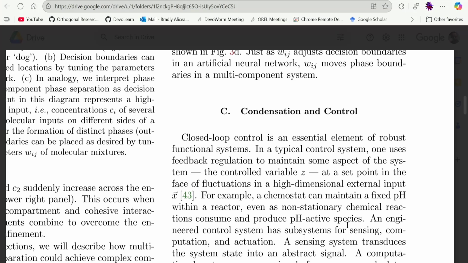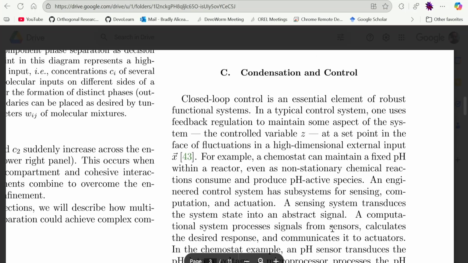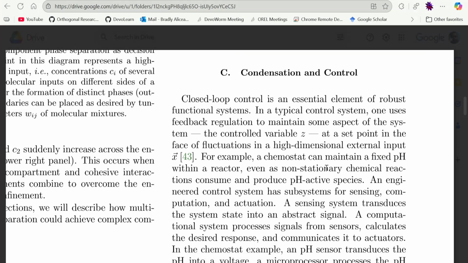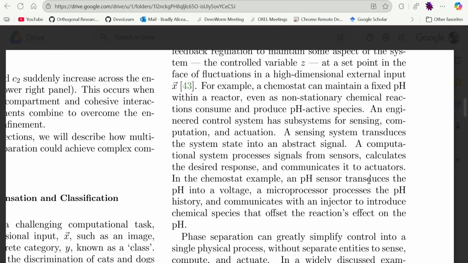They talk about control systems using feedback and how that's very important. And they talk about a chemostat as an example of this closed loop feedback, where a chemostat can maintain a fixed pH value within a reactor, even as non-stationary chemical reactions consume and produce pH-active species.